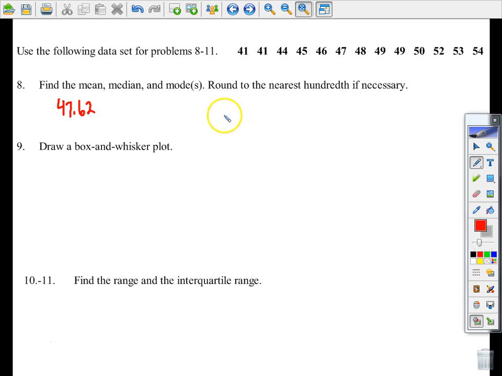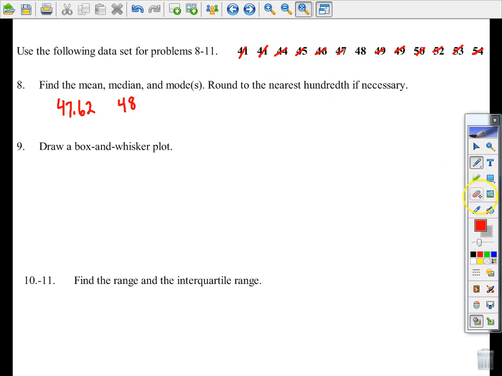Right? Median refers to the middle number, and so some people will go through this little process, just start marking the numbers off from the beginning to the end and work your way toward the middle. Right? So marking them off in pairs like this, and it looks like 48 is our middle number.